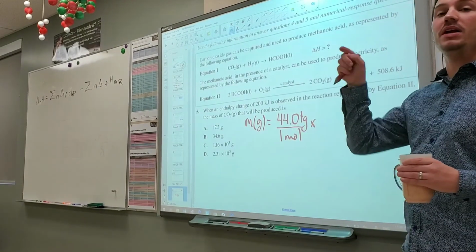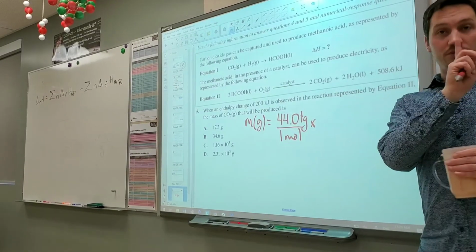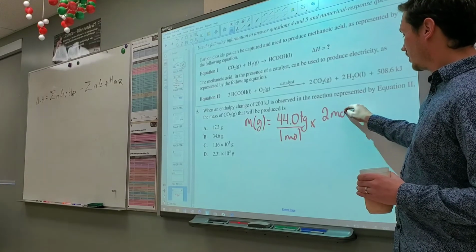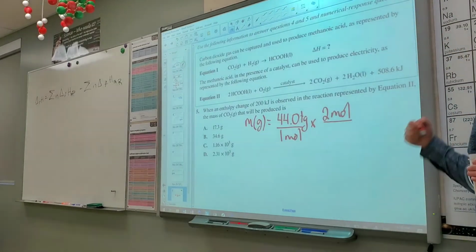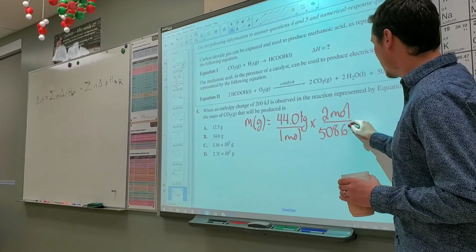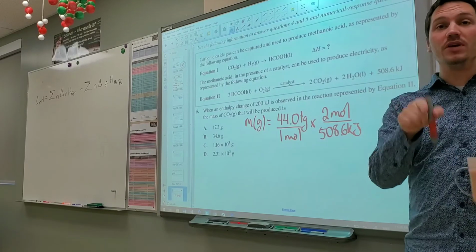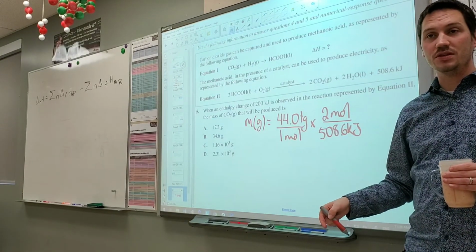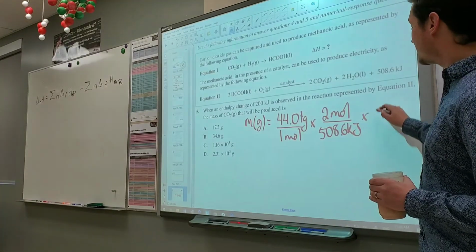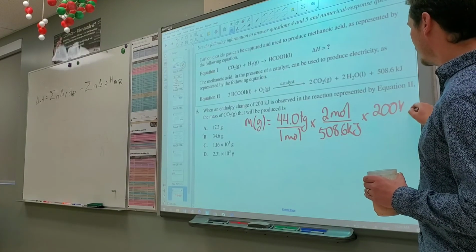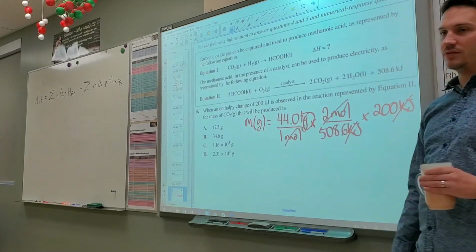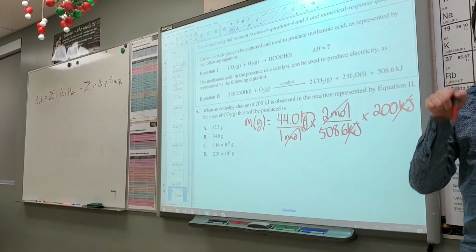Moles. Do you know how many moles? For every 2 moles, how much energy is released? 508.6 kilojoules. Now, are we releasing 508.6 kilojoules? No. How much are we releasing? We're releasing 200 kilojoules. Kilojoules, moles, grams are left over. So you tell me how many grams.